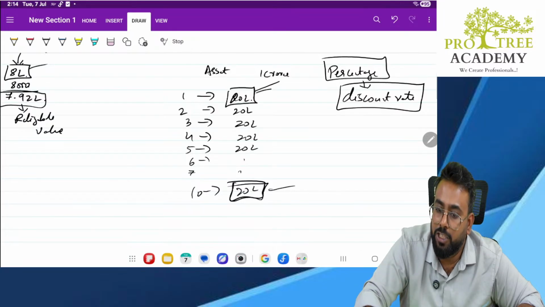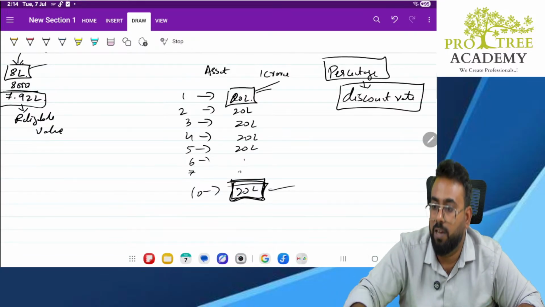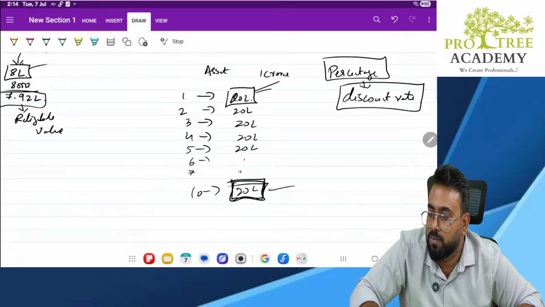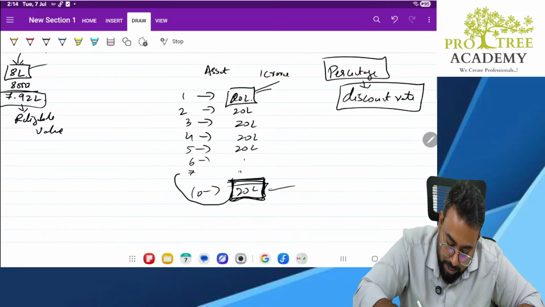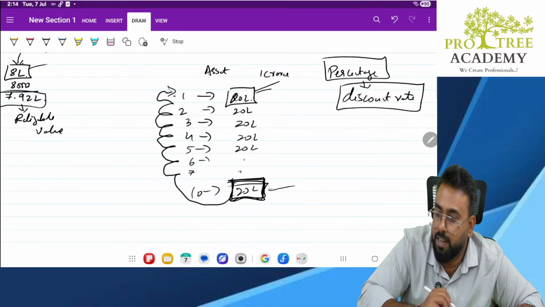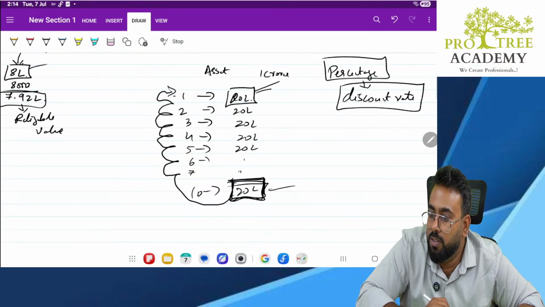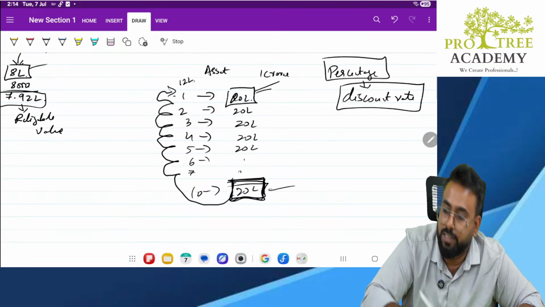Now that rate is used to convert this 20 lakhs into today's value. Clear? So from 20 lakhs, we discount every year, go back, and we arrive at year 0 or the beginning of the first year. So this 20 lakh will become, say for example, 12 lakhs.